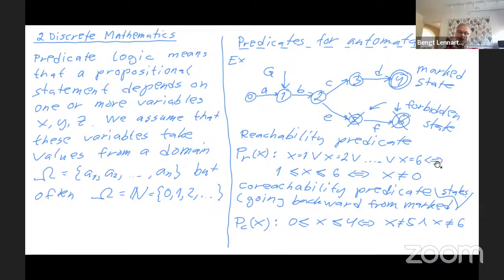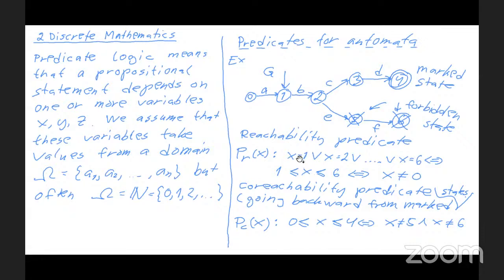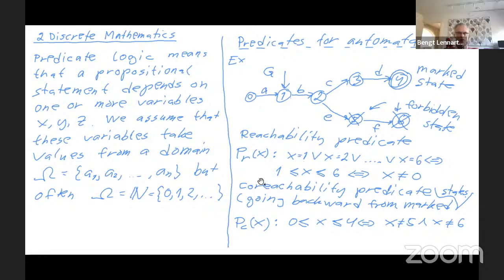But that is, of course, equivalent to that X is in the interval from 1 to 6. So X is larger or equal 1, and X is less or equal 6. So these additional operators, which we now have extended to when we use variables, especially integer variables, we have equality, we have less or equal, and we have greater or equal.